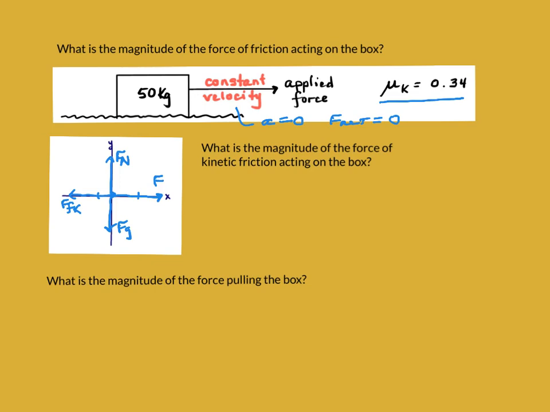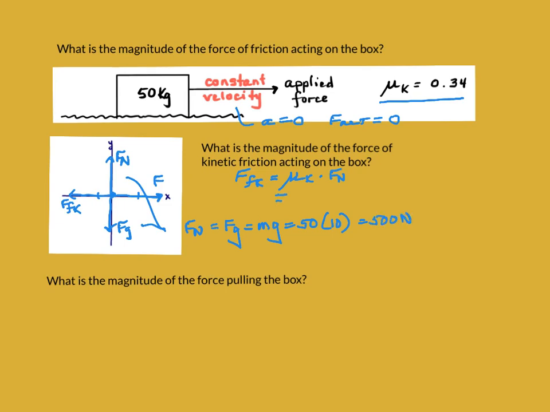Well, our formula was the force of kinetic friction is the coefficient of kinetic friction times the normal force. It looks like the normal force equals your force of gravity, which is mg, which is 50 times 10, or 500 newtons.